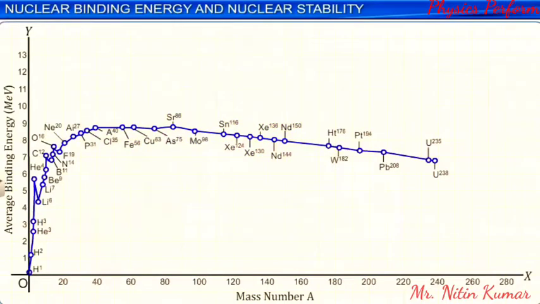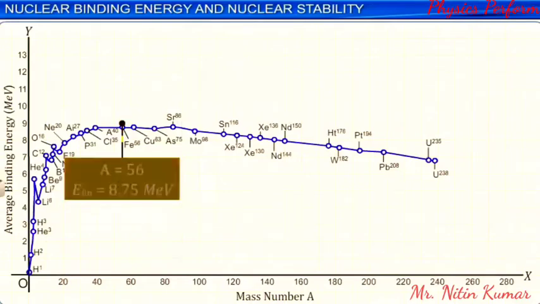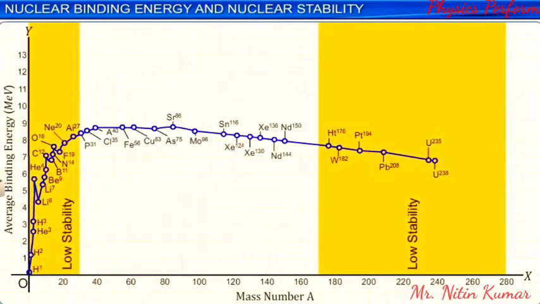We also see that the average binding energy has a value of 7.6 MeV for A equal to 238. It is observed that the binding energy per nucleon is lower for both light and heavy nuclei. That is, for nuclei with mass number A less than 30 and greater than 170.